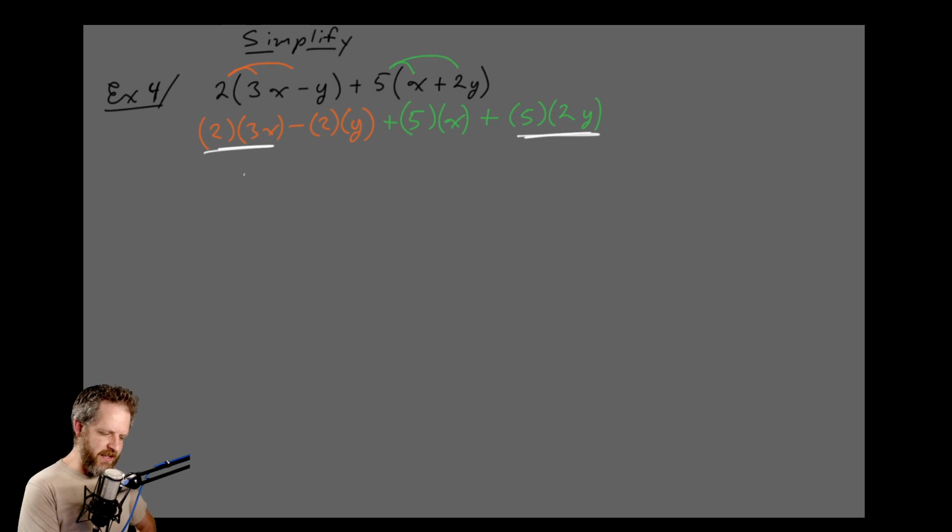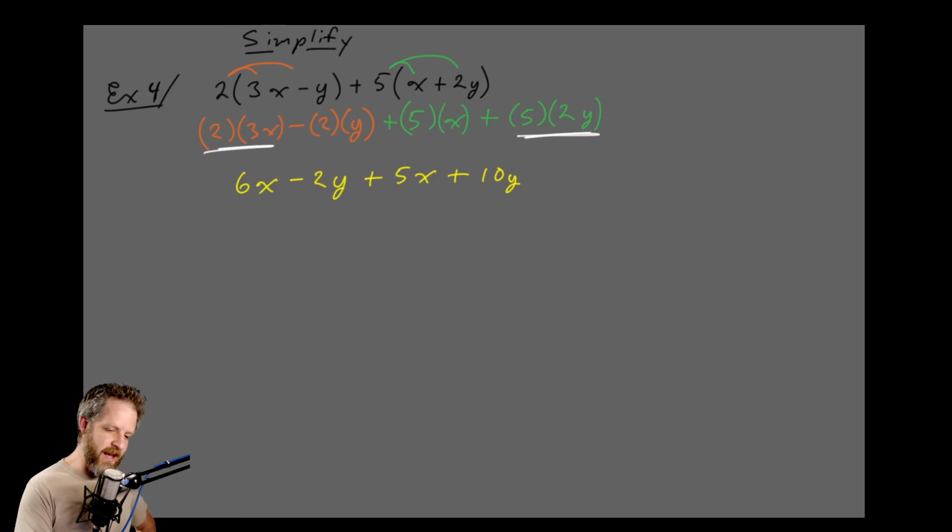So 2 times 3x is 6x. 2 times y is 2y, so minus 2y. 5 times x is 5x, so plus 5x. 5 times 2y is 10y, so plus 10y.